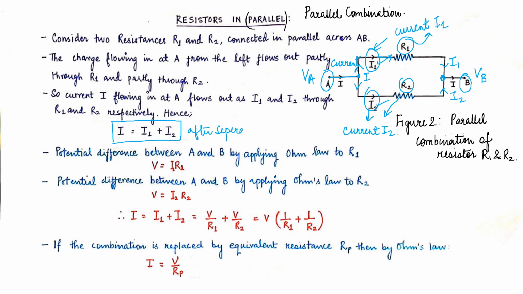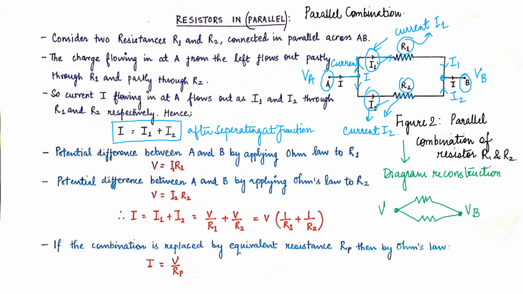After separating at the junction, in this case the voltage among these points is the same, because this diagram can be reconstructed as resistance 1 and resistance 2 having a potential VB over here and VA over here.